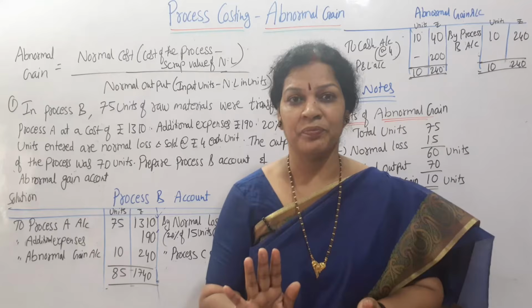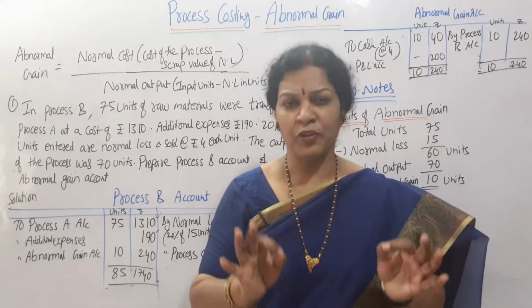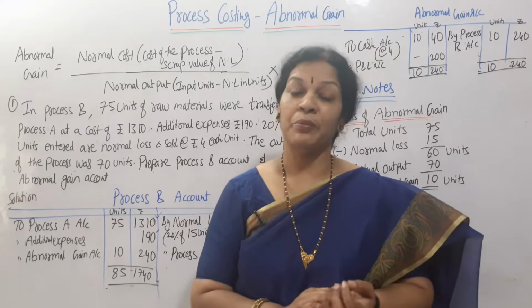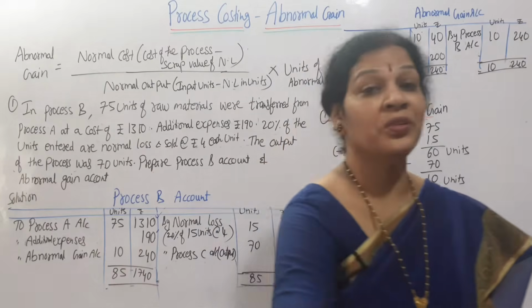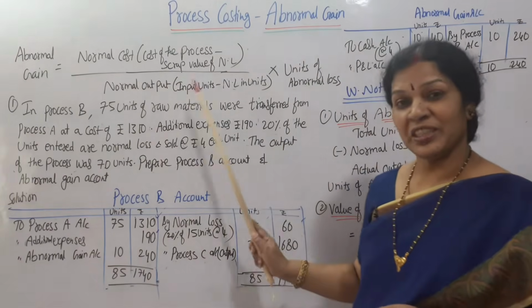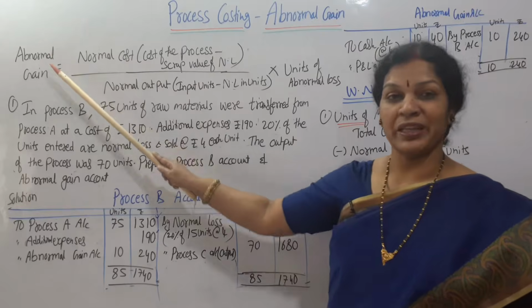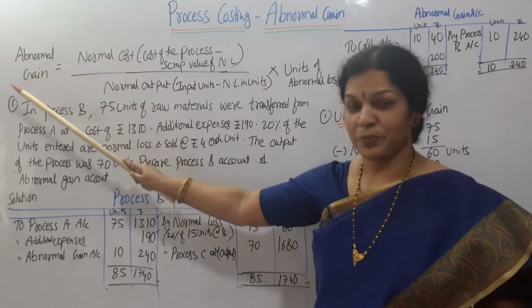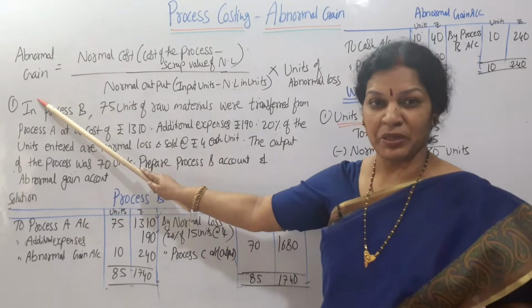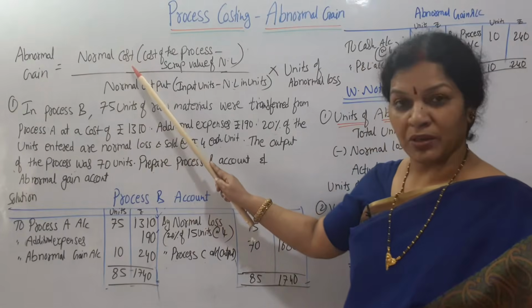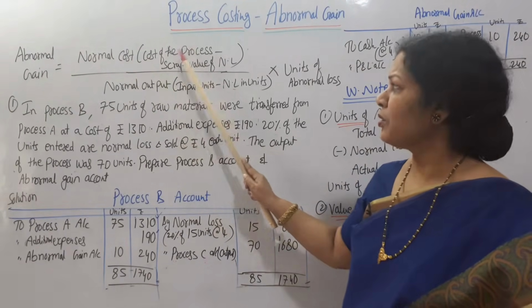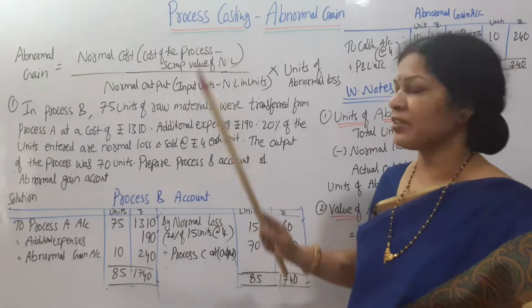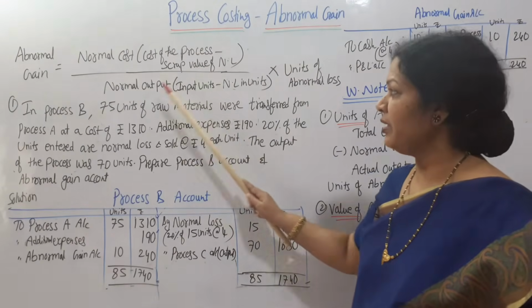The formula is same, no change. The same formula we are going to use for the abnormal gain also. I did not rub the board, same formula, only abnormal loss we have changed into abnormal gain. The formula is normal cost. How do you get normal cost? Total cost of the process minus scrap value of the normal loss, divided by normal output.